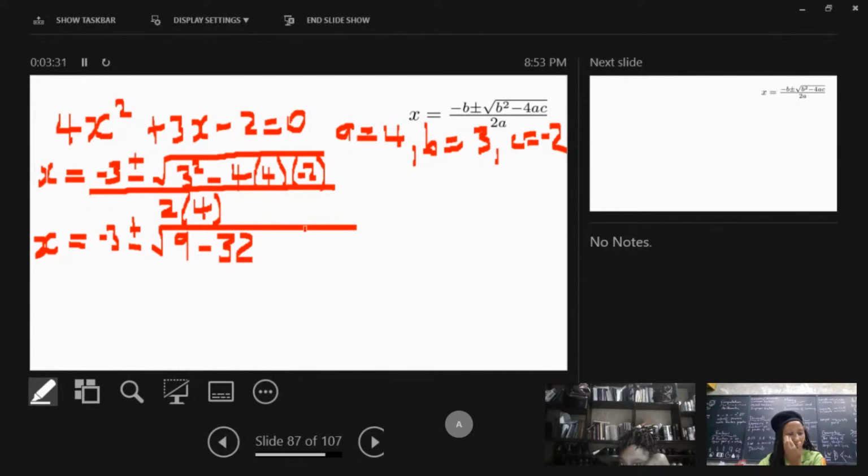Miss, wouldn't it be positive, minus negative, positive 32? So it's positive 32 over 2 times 4, which is 8.